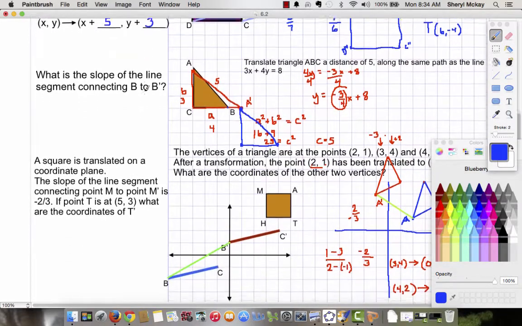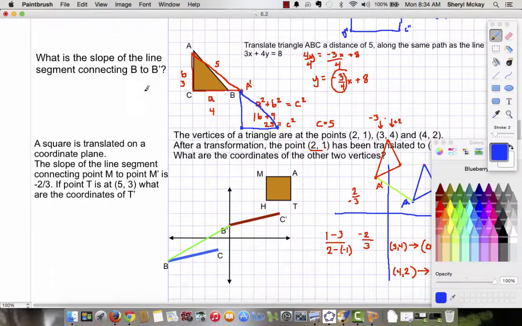Now, what is the slope of the line segment connecting B to B prime? Well, what's the slope? We went up 3 and over 5. So now, answer this question. What is the slope of the line segment connecting C to C prime? That's easy.